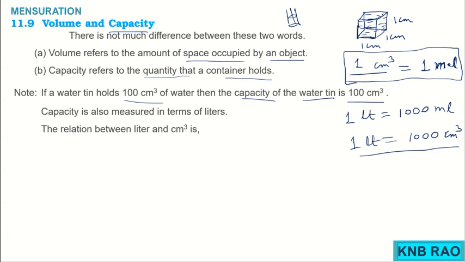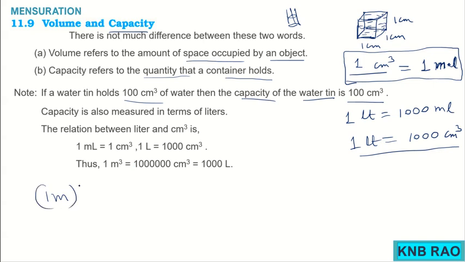Now 1 liter is nothing but 1000 cc, and here I am going to give you some conversions, watch them. So 1 ml is 1 centimeter cube, therefore 1 liter is 1000 cc, 1000 centimeter cube, and 1 meter cube. What is this 1 meter cube? How to get 1 meter cube? Very simple, children. 1 meter whole cube is 1 meter cube.